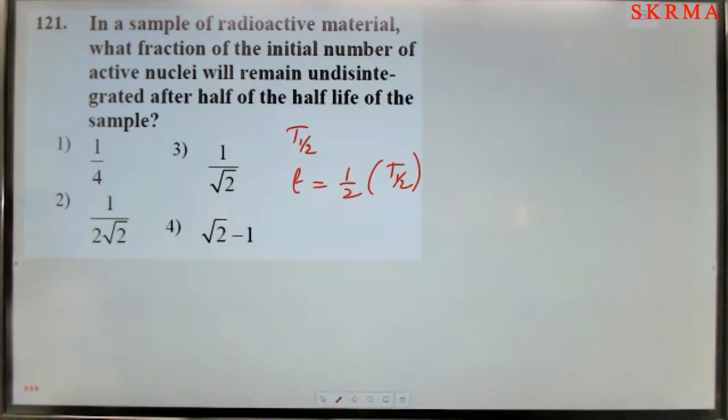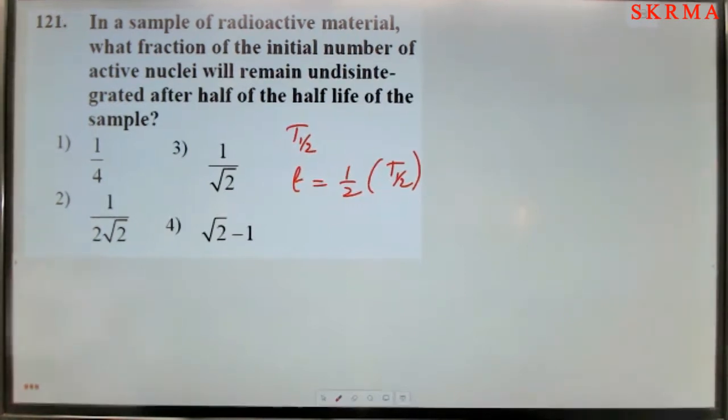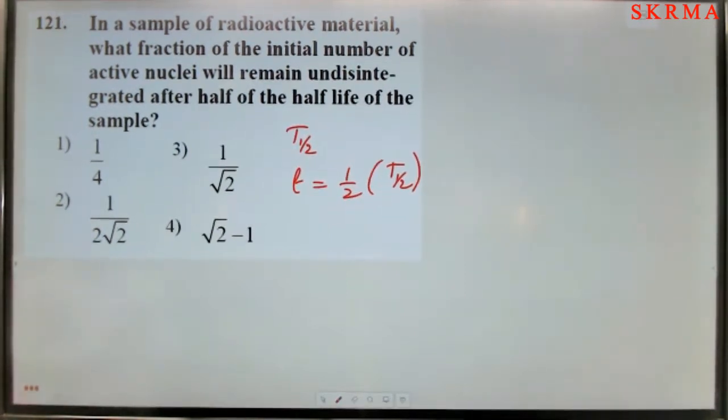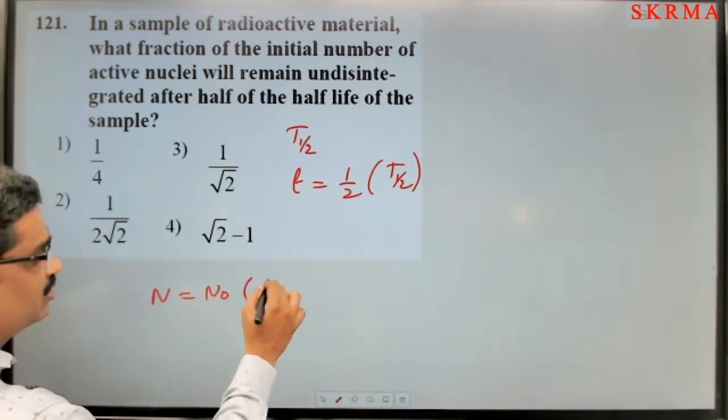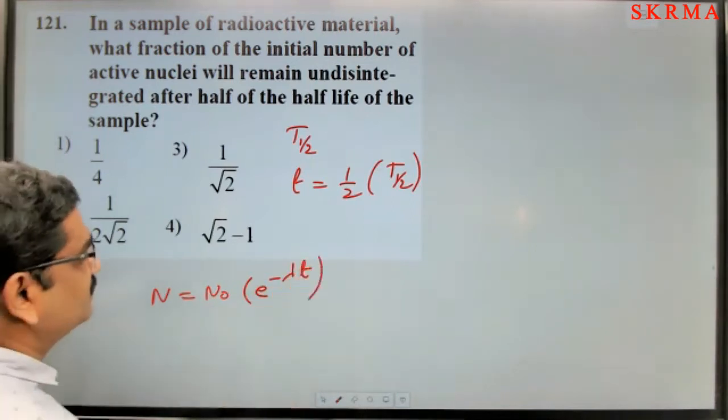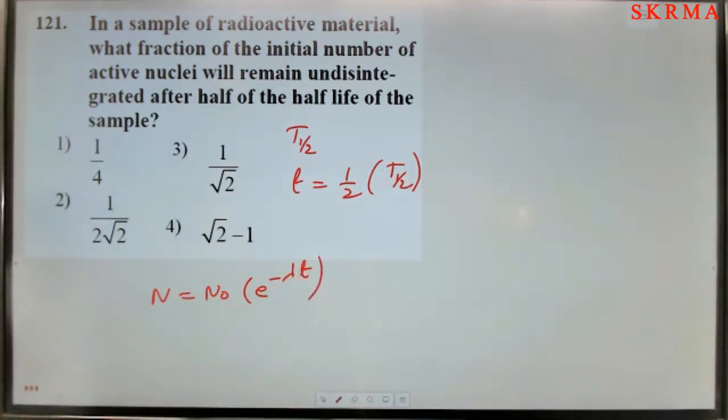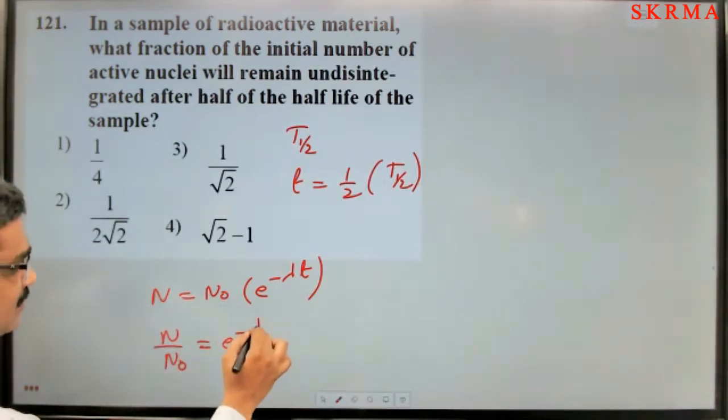Now go through the question once and try to solve. What fraction of the initial number of active nuclei will remain undisintegrated? What is the basic formula? N equals N naught into e power minus lambda t. This is the basic formula. Now rearrange this: N by N naught equals e power minus lambda t.